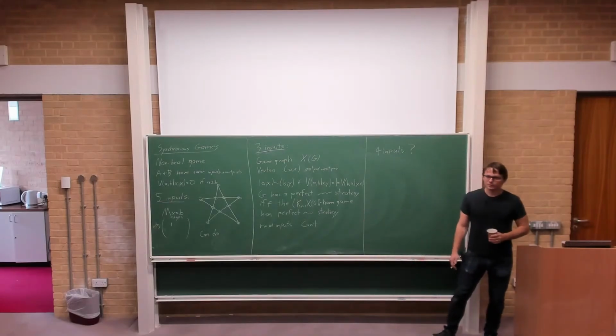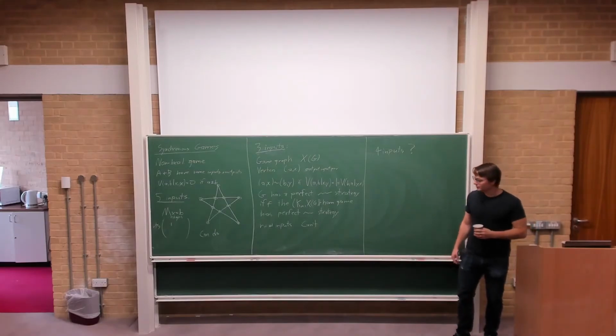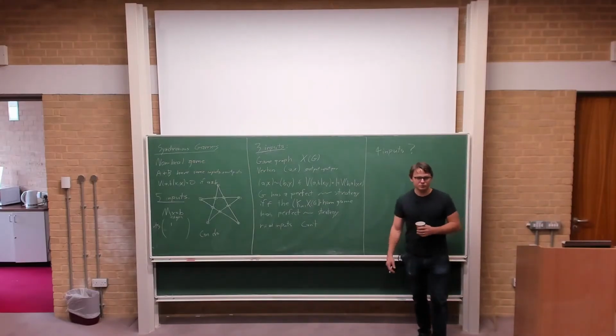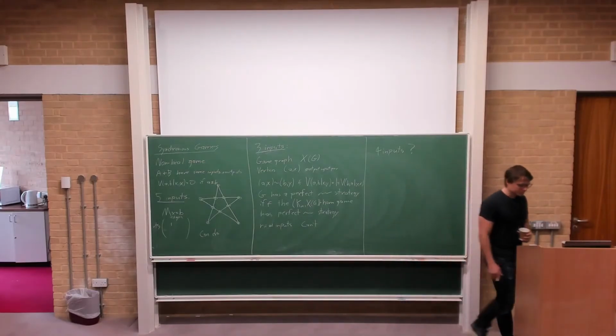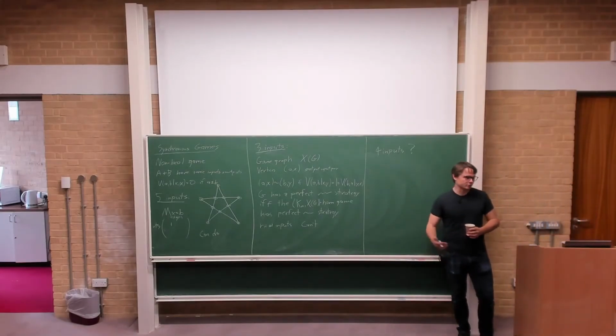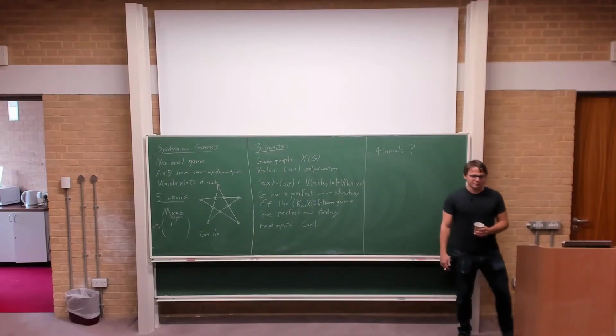No idea. I'm not really sure why that would be the case. But yeah, I really don't have any idea how to prove this or approach it. Other than this reduction to the graph case, you only have to look at a particular type of game, so maybe that makes it slightly easier.